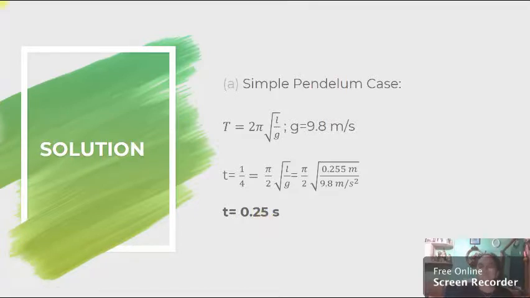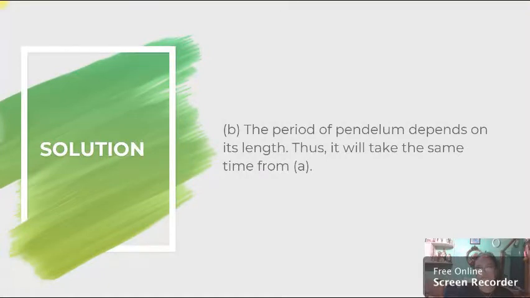In letter B, since the time is also being asked, from equation 1 it is said that the period of a pendulum depends on its length. So no matter what the angle is, as long as it has the same length as given, the time it takes will be the same.